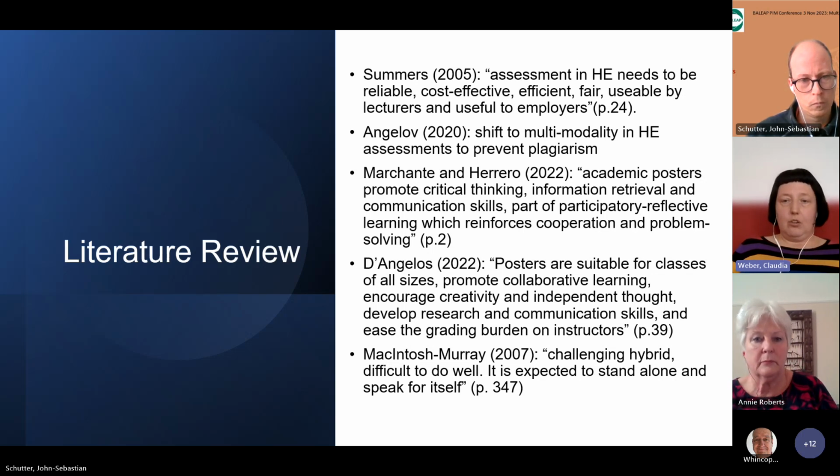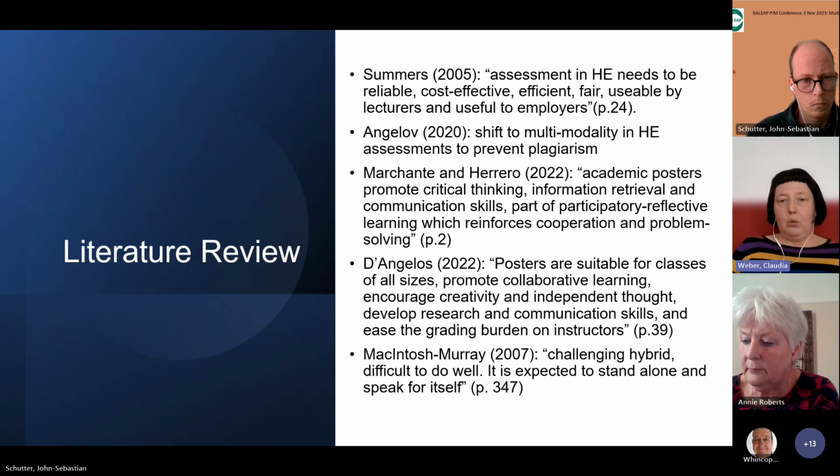So in addition to the usual fairness and reliability criteria, which are widely discussed, what we found interesting here is that assessment also should be efficient and usable by lecturers. So very pragmatic reasons that were mentioned here. And these aspects are far less frequently discussed in the literature than reliability and validity of assessments.